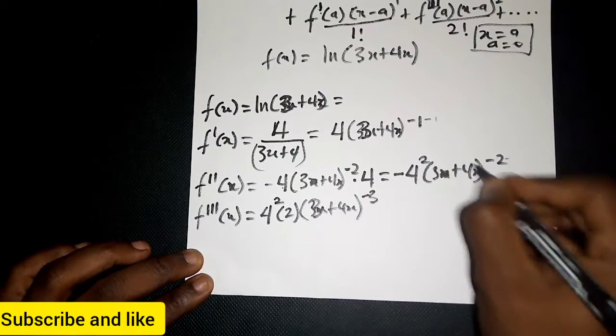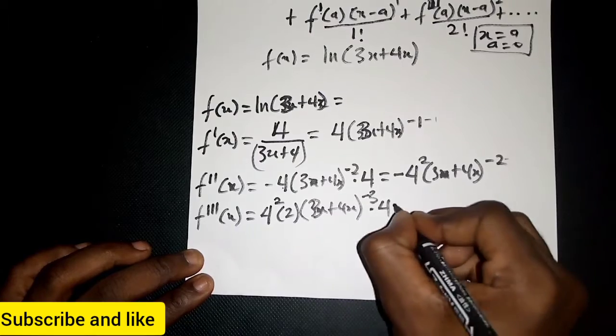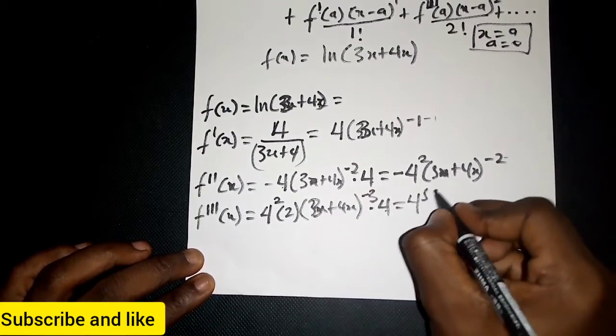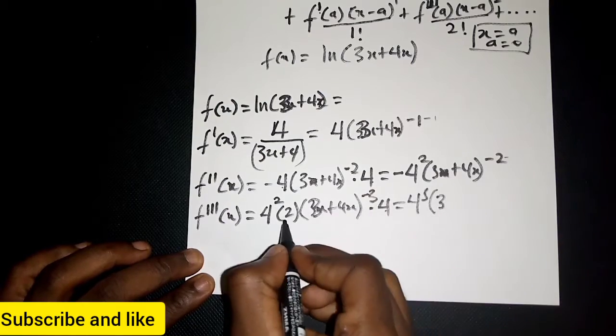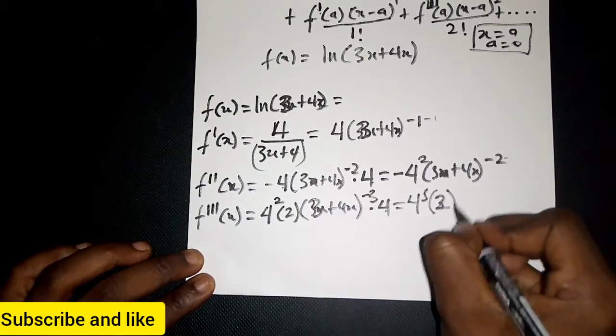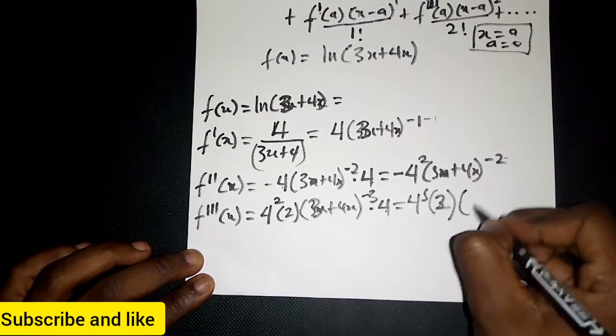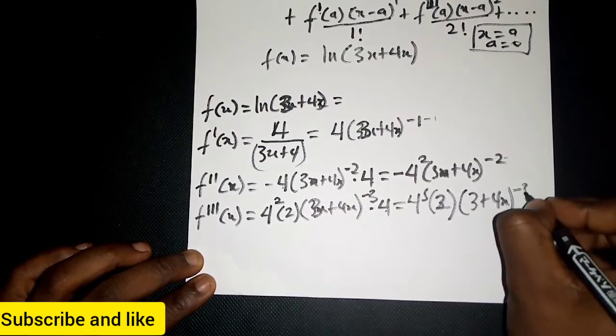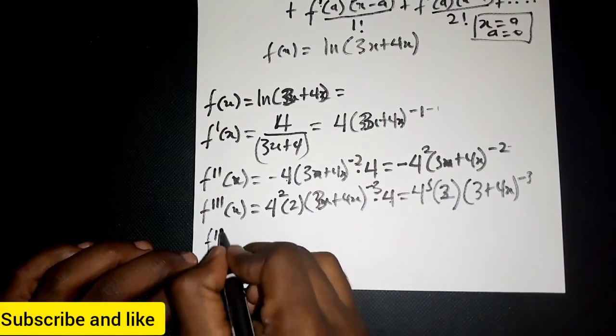Then we differentiate what is inside, which is just 4. So it will look like 4 multiplied by 4, so we get 4 cubed. Remember that we have the 2 here, so we have 2 times 3 plus 4x to the power negative 3. We do the fourth differential.